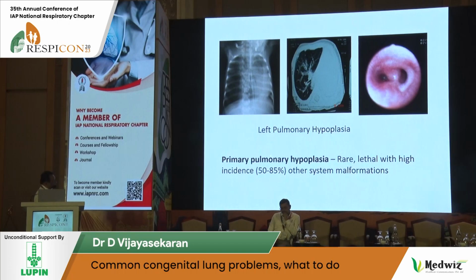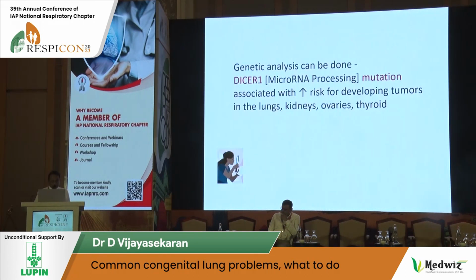Again, this turned out to be a primary pulmonary hypoplasia, because these conditions, when compared to secondary, are lethal. A child referred from abroad stayed here and suddenly died. Such things are also possible in primary.